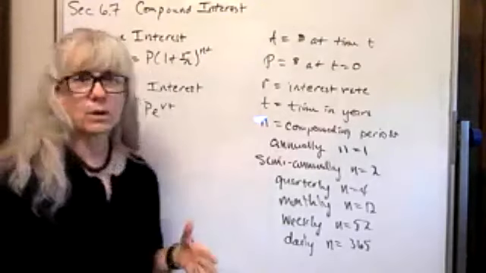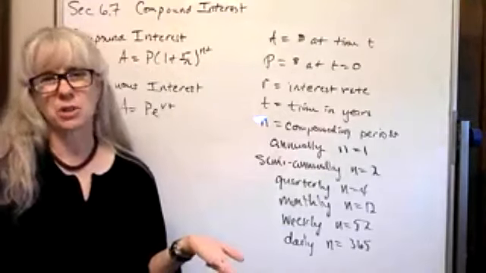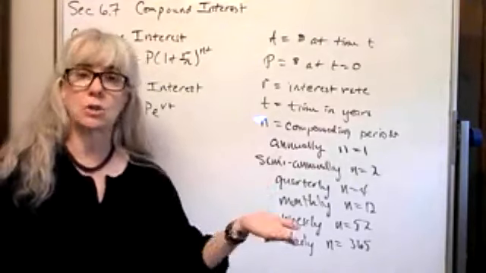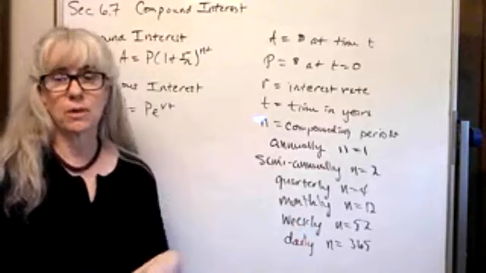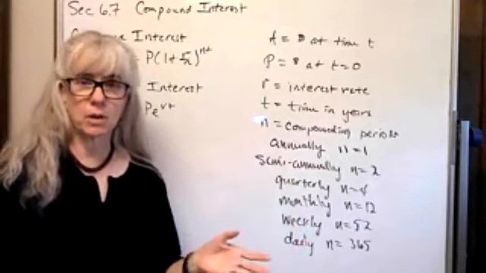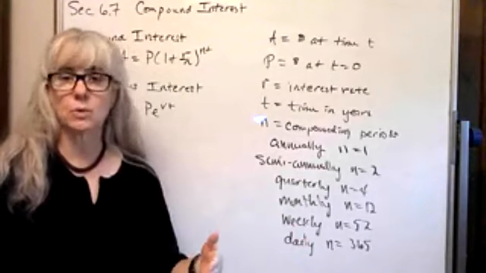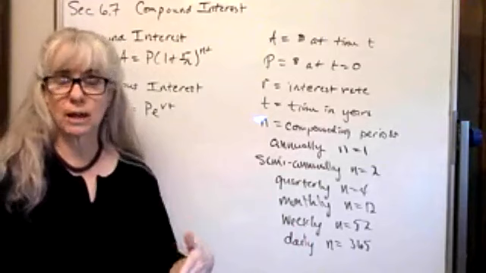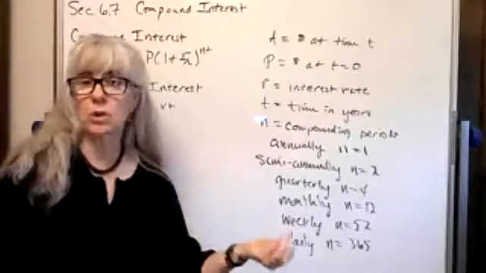I want to make sure you have some idea what compound interest actually means. Compound interest is where your money earns interest on the interest. As an example, if you have an account that's compounded monthly, at the end of the first month, they take a look at how much money you've got in the account. They assess the interest, which is a rate, a percentage, and then they add that back into your account and reinvest a little bit more than what you originally had.